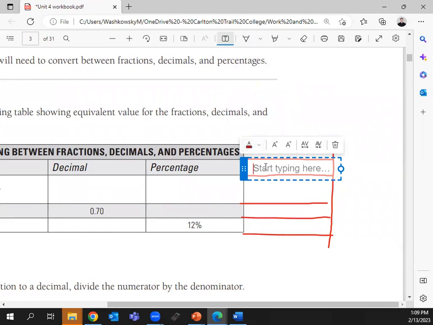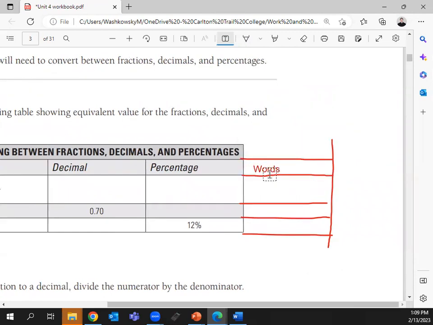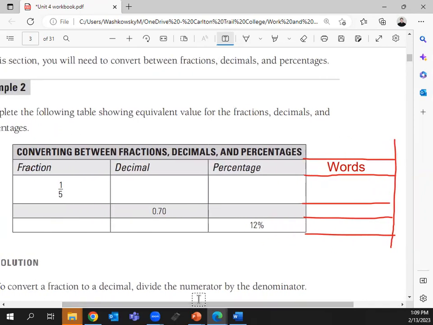We're going to use words. So now we have fractions, decimals, percentages, and words, right? What's the probability that when I flip this coin, it's going to land on heads? About half. That's a word. It's 1 in 2. That's a word. Your calculator can do most of this for you, but just to give you an idea, these mean the exact same thing. Maybe they have some 5-sided dice.